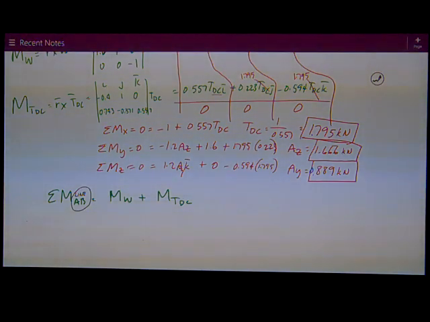The basic equation of the moment about a line is U of the line dotted with R cross F.